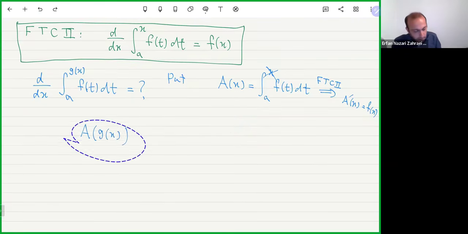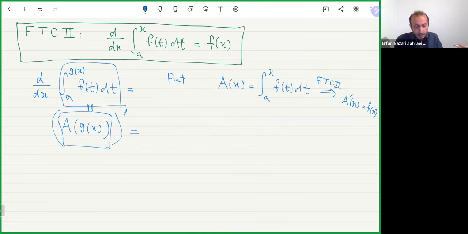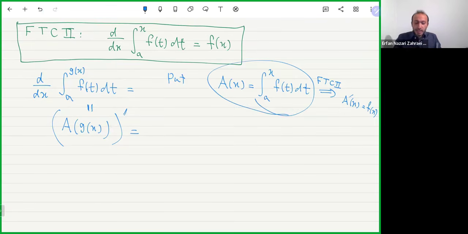So my question is to compute the derivative of this. Note that the thing inside the parentheses that I'm taking the derivative of is A, but instead of x, I replace g(x). So you have A inside g(x): A evaluated at g(x), or A composed with g.